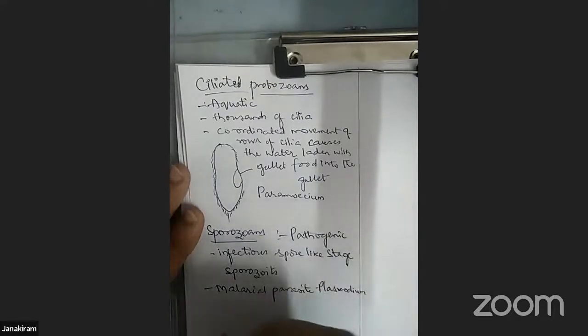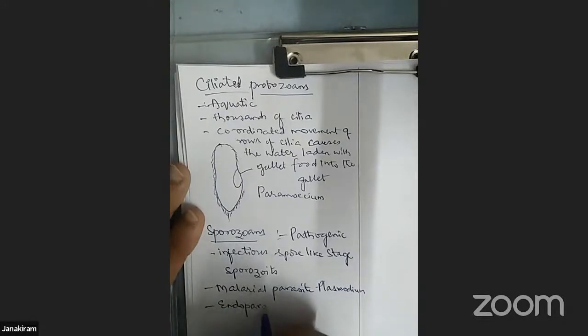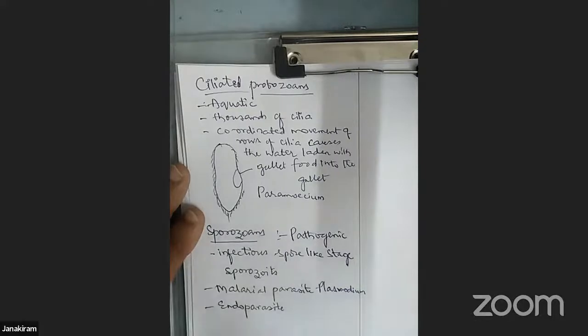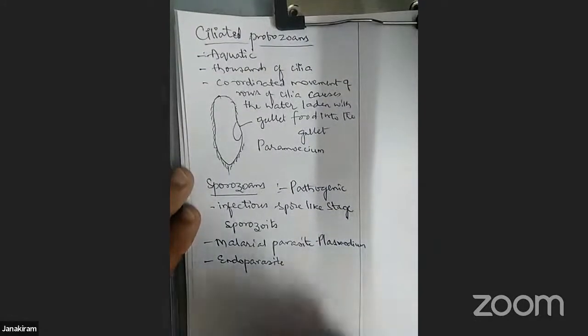Malarial parasite. And it is having a staggering effect on the human population. Then they are growing as endoparasites. Why it is called an endoparasite means they are growing inside the body of the host, right? And they do not have locomotory organs.